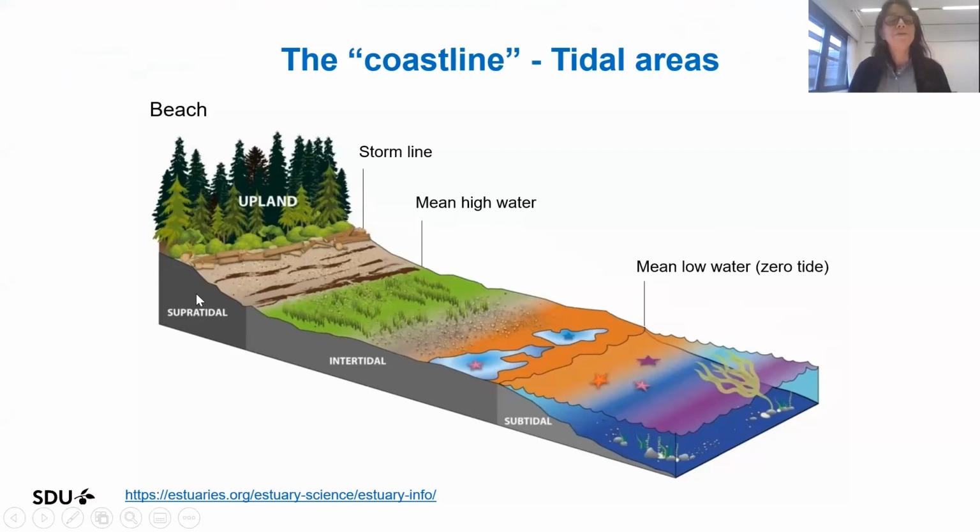We have the supratidal areas, which is here in the beach ecosystem, here in the open coast, where we have the influence of storms. Then we have the intertidal area, where we have the high tide and low tide zone. And then we have the subtidal areas.